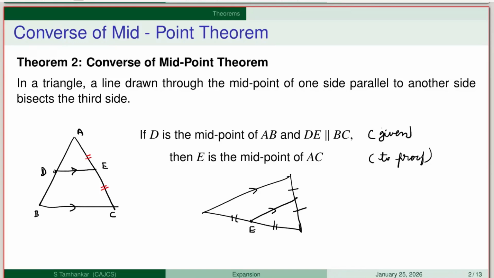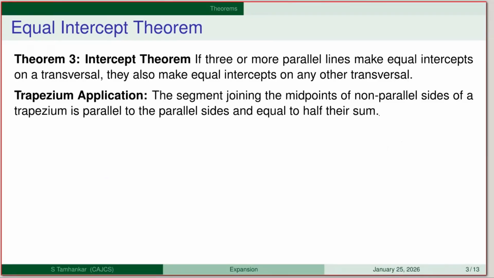There are some more properties that we can have a look at now. The next one is the equal intercept theorem. In the equal intercept theorem, we look at some parallel lines like this.